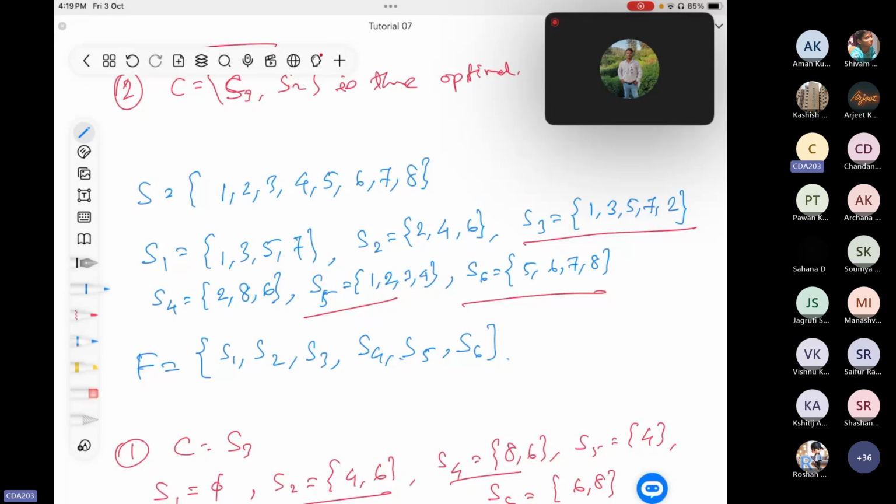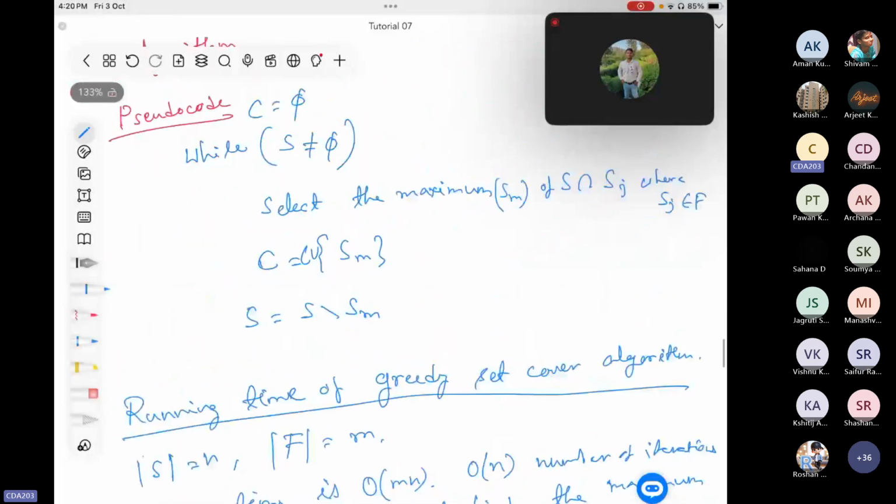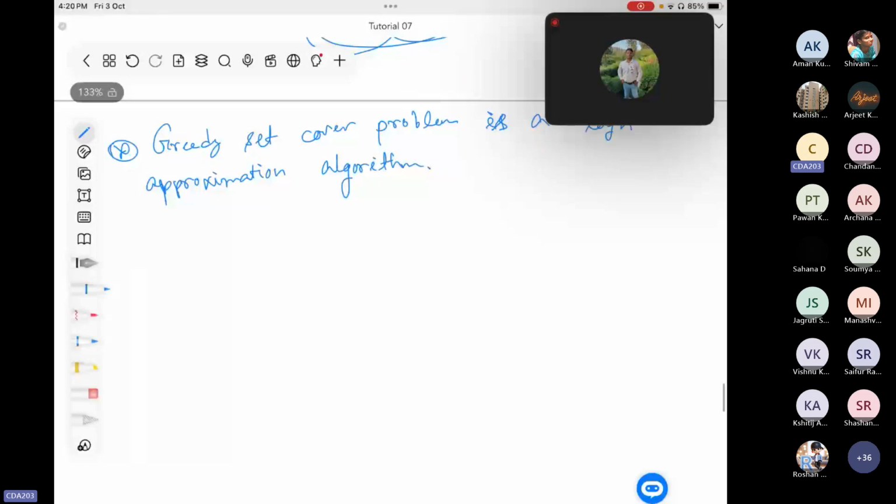That's why it's called greedy, because your method of choice is greedy. So the algorithm itself is not called greedy; the technique we used to design it is the greedy technique. We call this the greedy set cover algorithm.